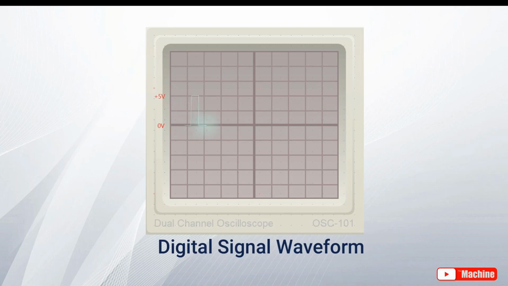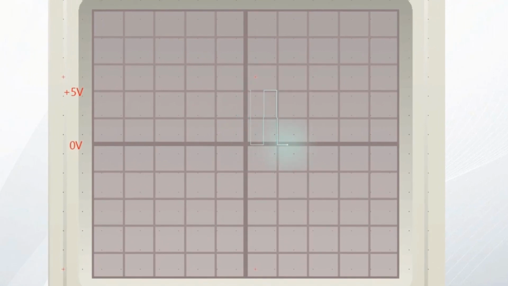A digital signal represents data as a sequence of discrete values. It can only take on one of a finite number of values at any given time. Digital signals are discrete signals with only two possible values, high and low, or 1 and 0.